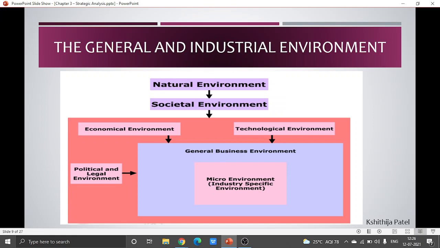Now, the economic environment, technological environment, political and legal environment may affect some industries in a particular way, whereas you have the natural and societal environment, which is irrespective of which type of industry it is, what size the business is, where it is situated, irrespective of all those things. It affects the entire business industry.